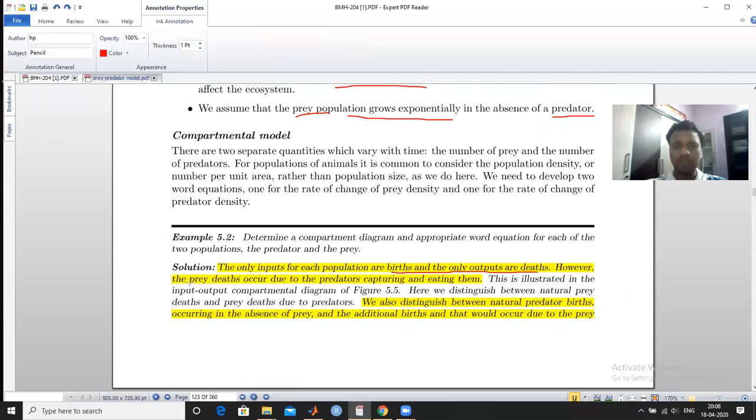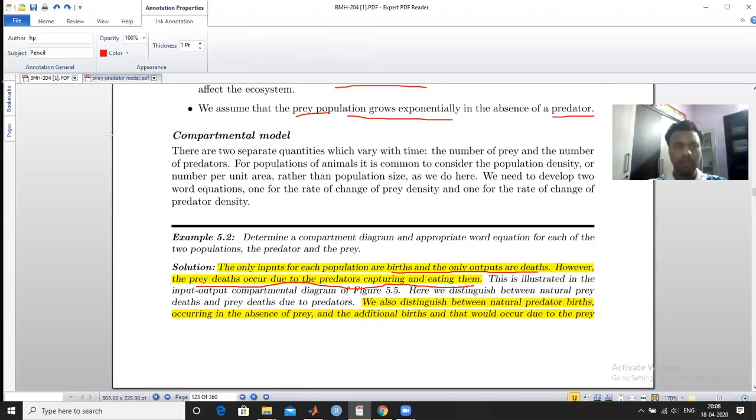However, the prey death occurs due to the predator capturing and eating them. So there are two types of death for the prey: one due to natural processes and the other due to the predator. Similarly, there are two types of birth for the predator: natural birth and birth due to eating the prey.